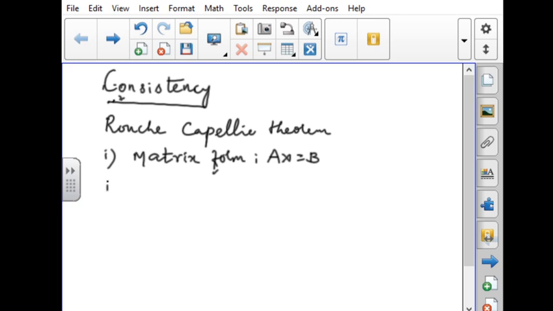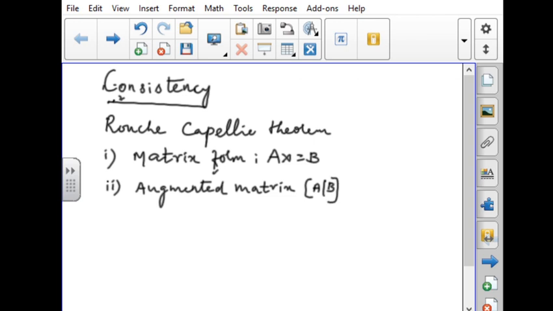The second step in the Rouché-Capelli theorem is to write down the augmented matrix. What is meant by augmented matrix? It is nothing but the expanded matrix, that is [A|B]. Yesterday in the Gauss-Jordan method we saw [A|I].